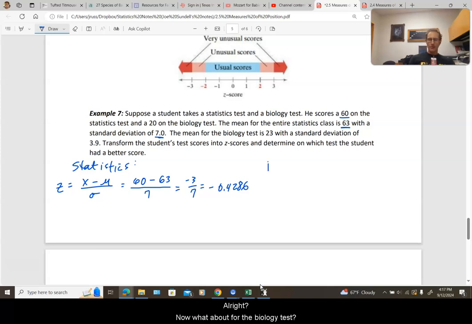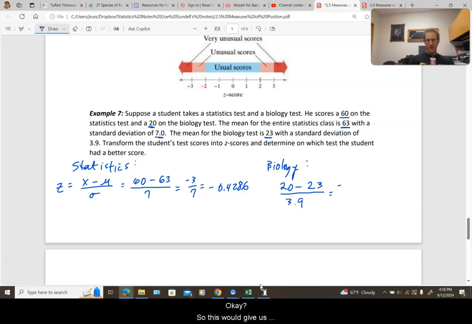All right, now what about for the biology test? Very similarly, it's going to be the actual score on the biology test, which is a 20. So it's 20 minus the mean on the biology test, 23, divided by the standard deviation, which is 3.9.